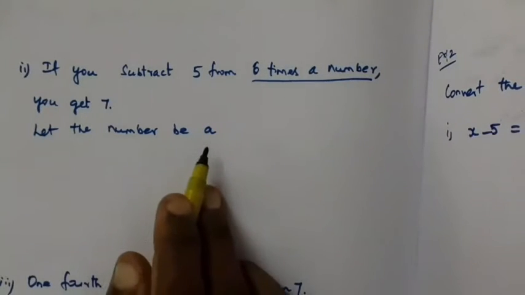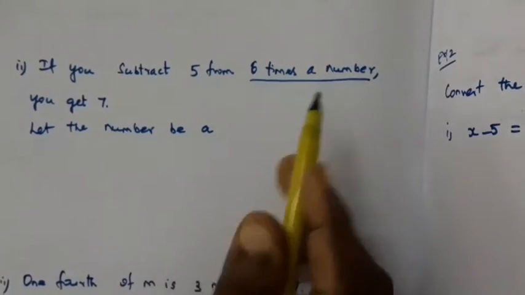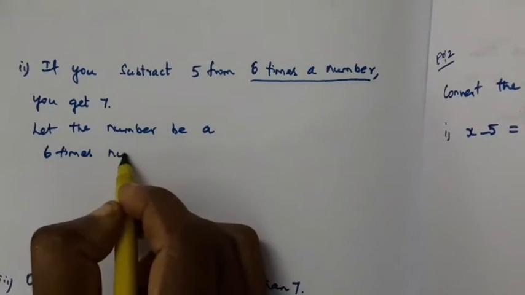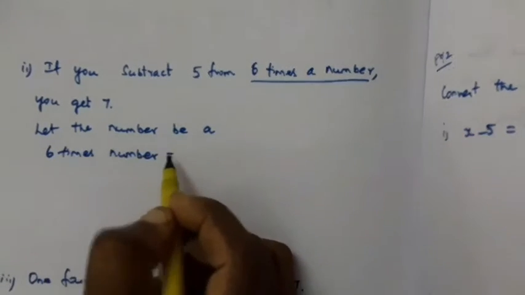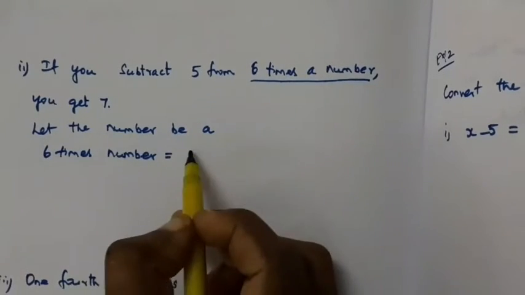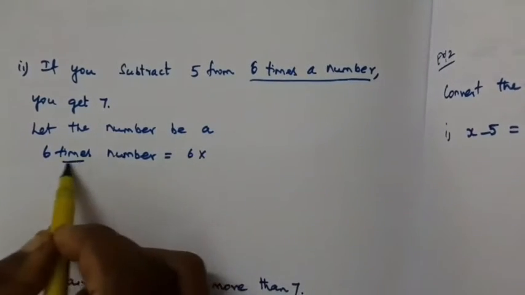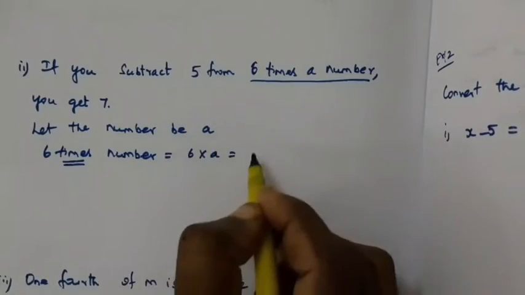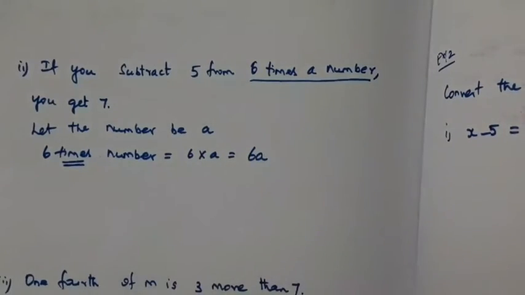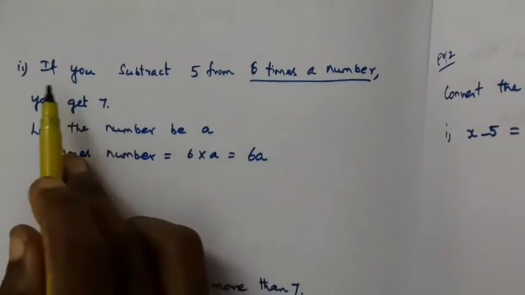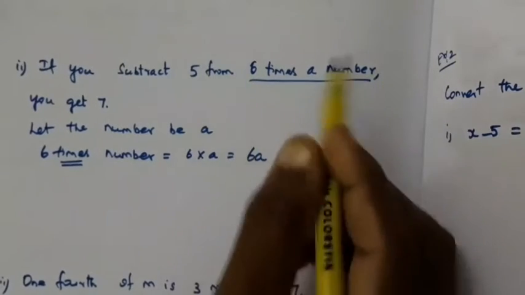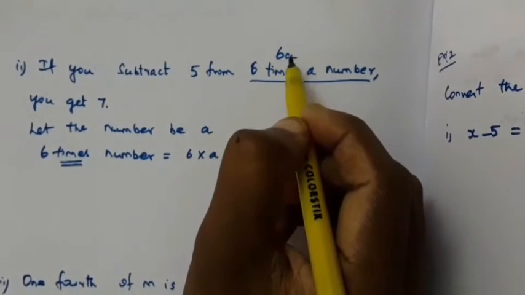Here I have taken a. What is 6 times a number? 6 times that number. Now the number is a. Already told what times means, you have to multiply. 6 times a, 6 multiplied by a is 6a. Okay, now the question is, if you subtract 5 from, instead of 6 times a number, I am going to replace it as 6a.